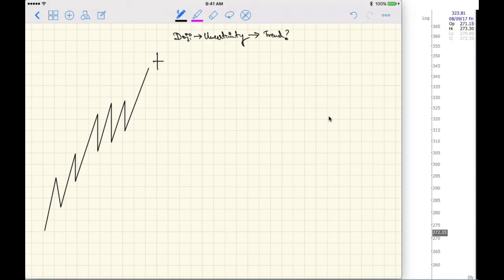A doji happening after a trend and a doji happening within a range is completely different. So when there is a doji and there is uncertainty, uncertainty of what? See, when the market is in a range, it's already bloody uncertain.